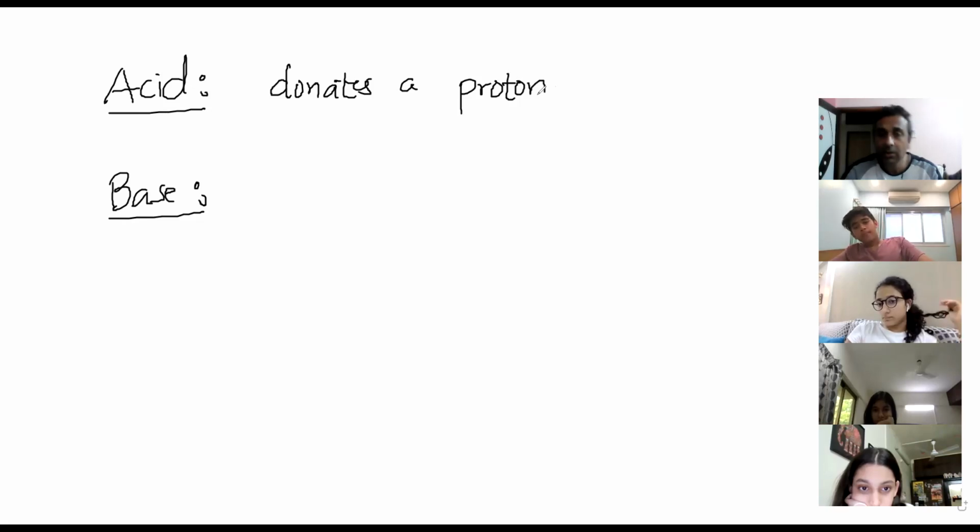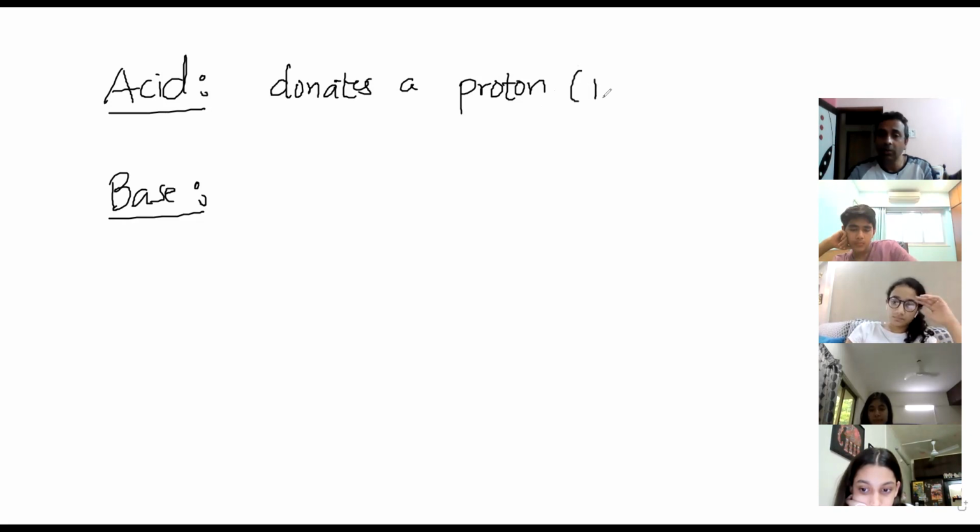But when I say proton, I don't mean the proton in the nucleus of an atom. Here, by proton, we mean H+ ions. A hydrogen ion is also called a proton.